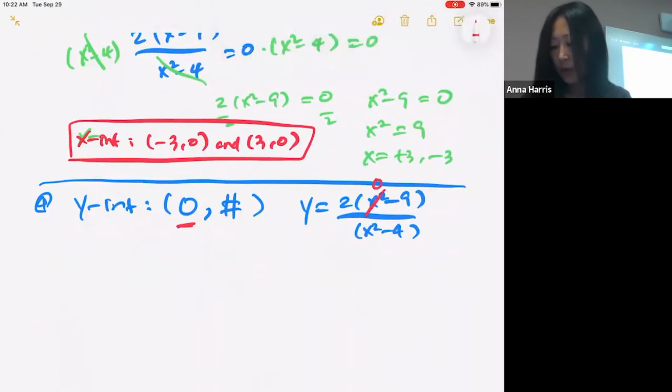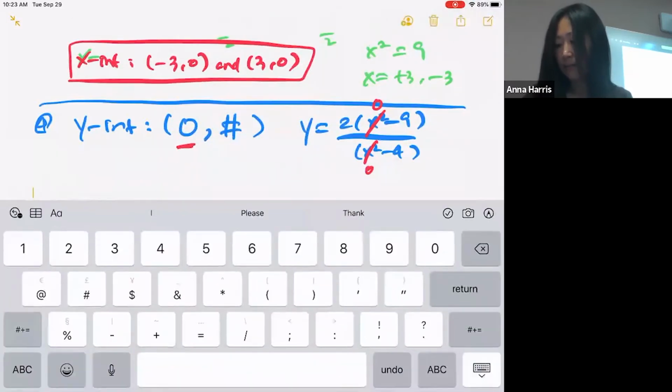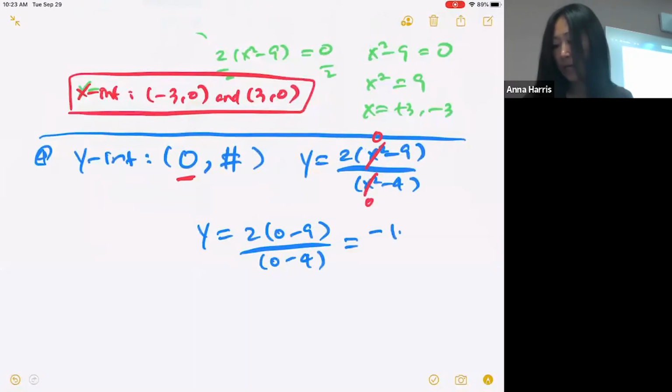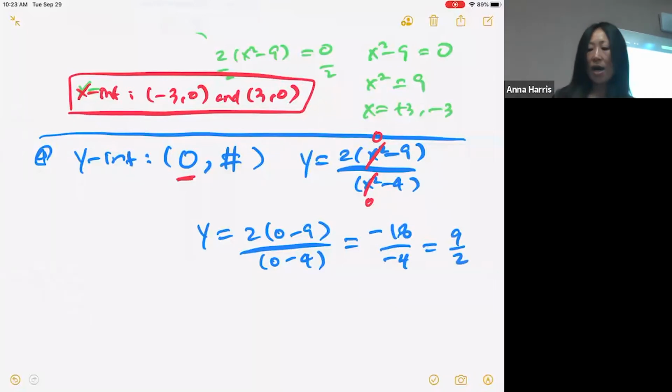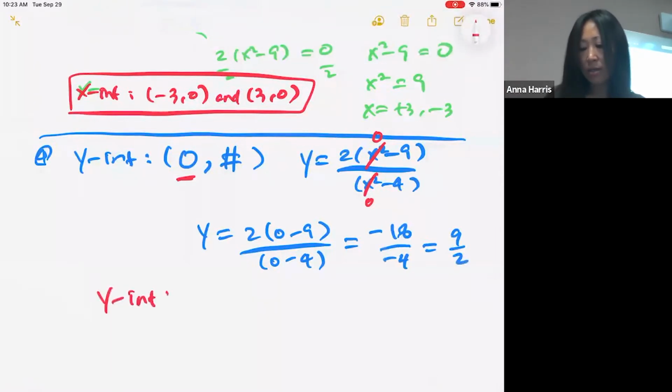So that becomes a 0, that becomes a 0. Then I have y is equal to 2 times 0 minus 9 over 0 minus 4, which is equal to negative 9 over negative 4, which is 9 over 4. Okay, so I have 1 y-intercept. My y-intercept just happened to be only 1, which is 0, 9 over 4.